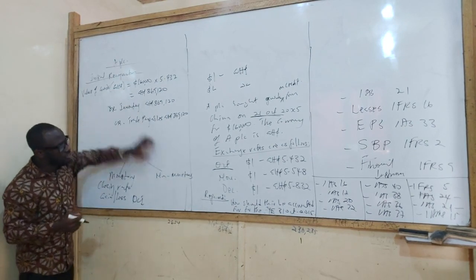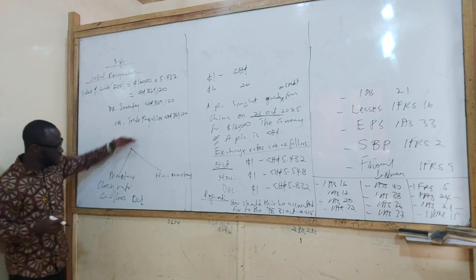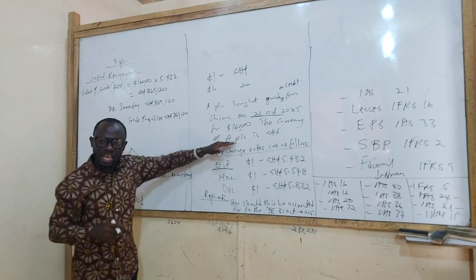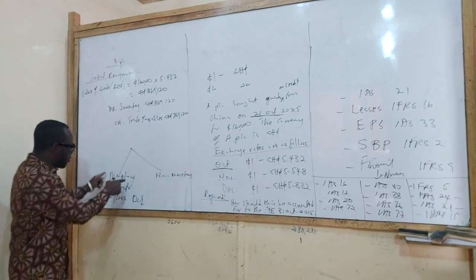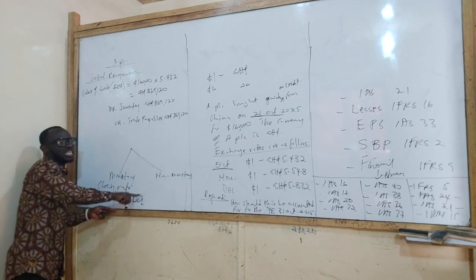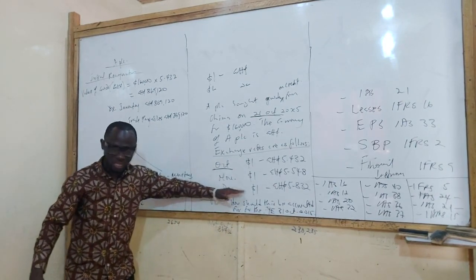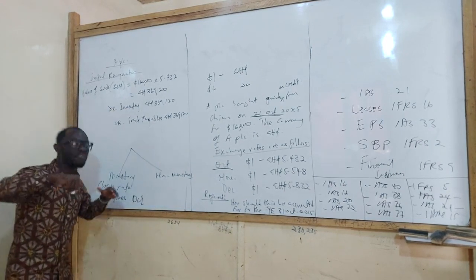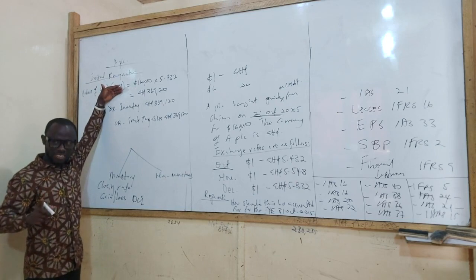Now, the inventory is a non-monetary asset, and the trade payable is a monetary item. If, as at the end of the year, the company has not paid, the monetary item will have to be translated into the financial position using the closing rate. But the non-monetary asset, that is the inventory, will still be carried at the initial amount. Are you getting the distinction?